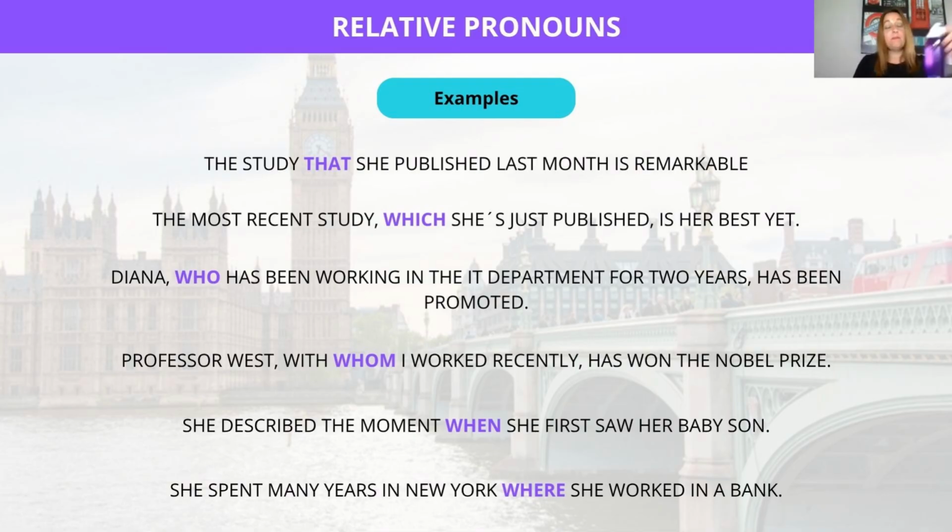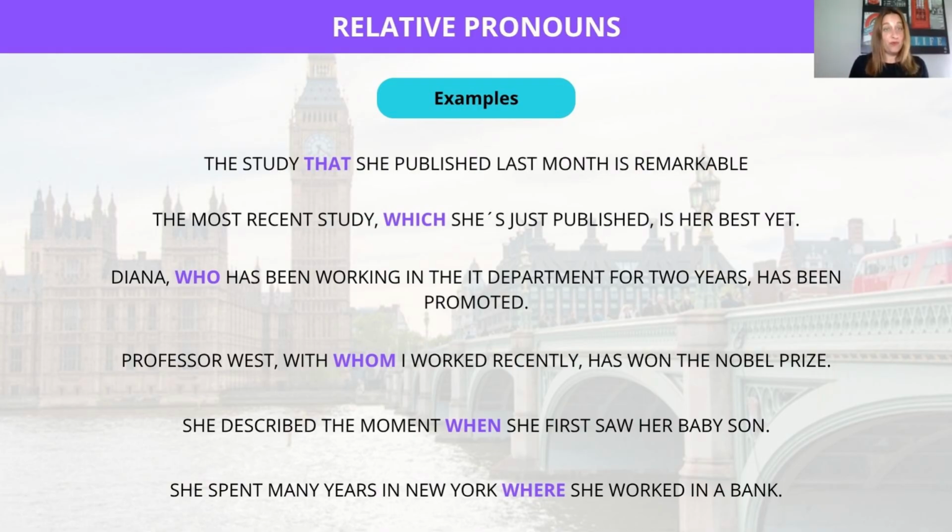Why? Because it goes between commas. Very good. Diana, who has been working in the IT department. This who, the relative pronoun, refers to Diana. That's why we put who, because we are talking about a person, Diana.